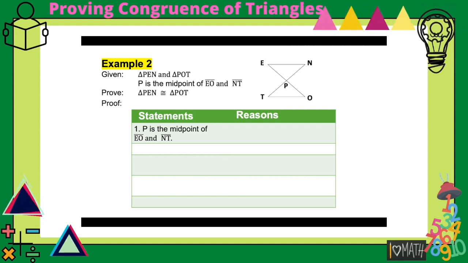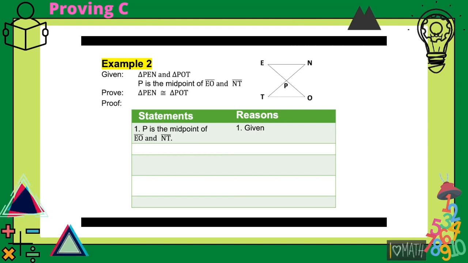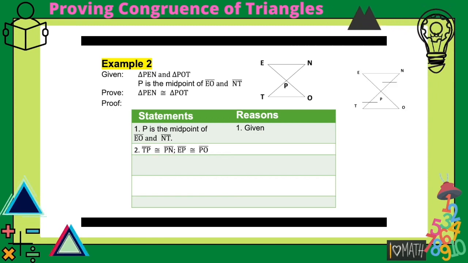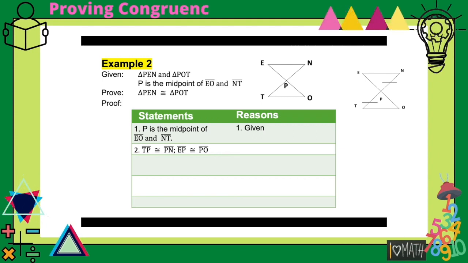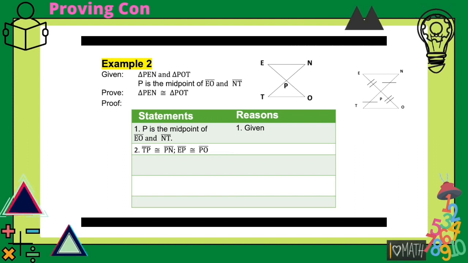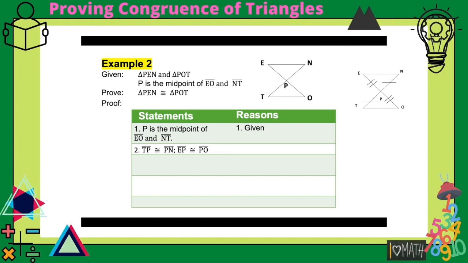And the reason is given. What do you think will be statement 2? Statement 2, we have segment TP is congruent to segment PN. Segment EP is congruent to segment PO. Since P is the midpoint of segment EO and segment NT. And the reason is definition of midpoint.